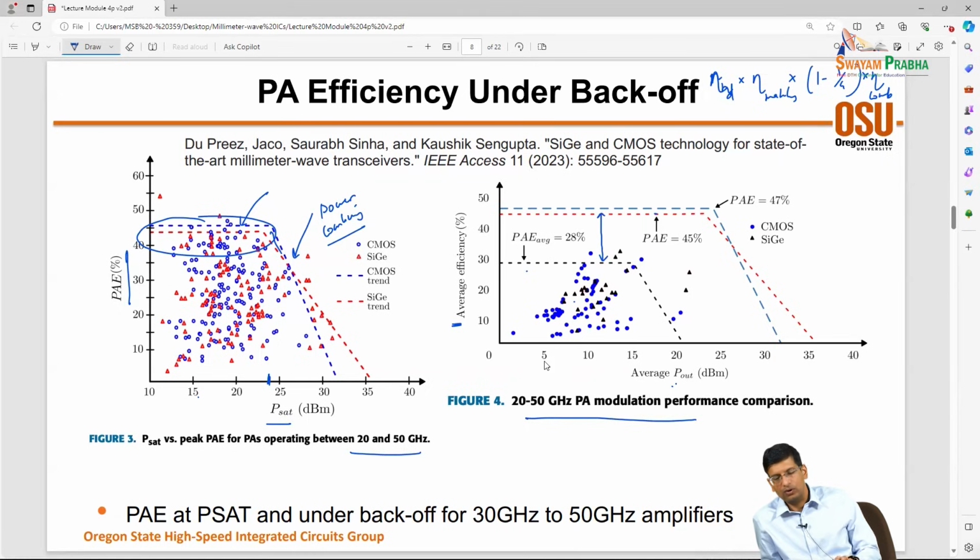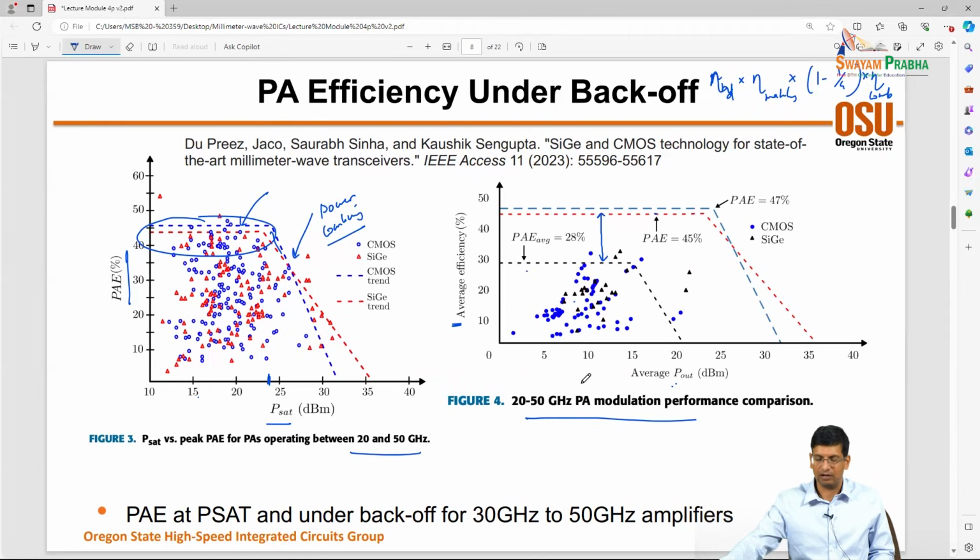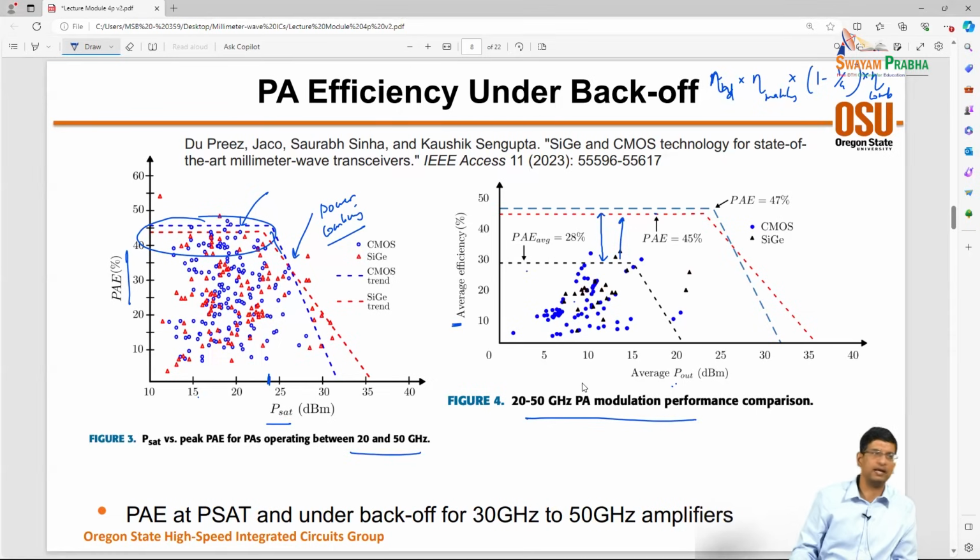So this is a pretty significant research challenge now, where we are trying to build systems that achieve closer to peak PAE under back-off conditions.